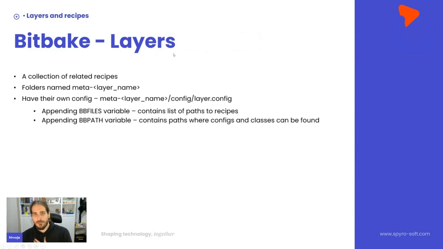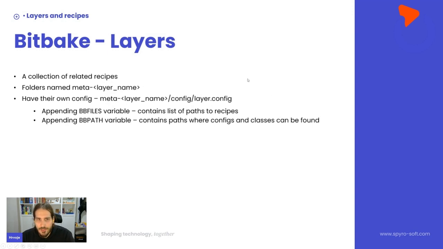Okay, so then we also have layers. What are layers? Layers are just collections of related recipes, and by convention they are stored in folders named meta-layername. Why are these layers special? Because they have their own config, which is located in the layer directory, conf/layer.conf.